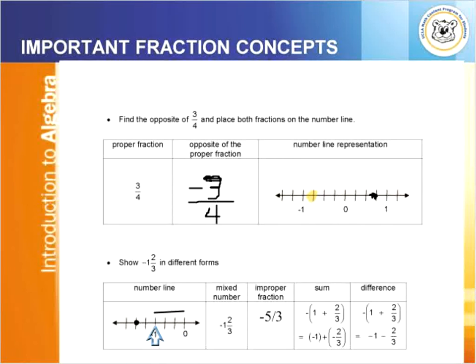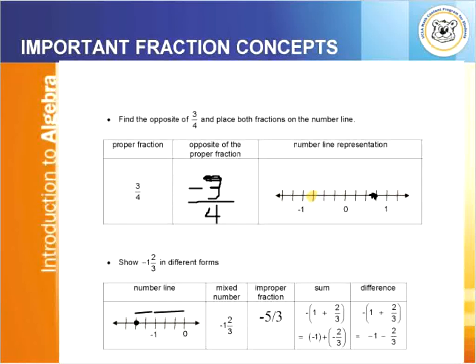Clearly, I think you can see that if we go from 0 to negative 1, that's negative 1, and then we have to continue negative 2/3 in order to get to negative 1 2/3. And so the number line actually is a nice way to convince students that negative 5/3 or negative 1 2/3 is really negative 1 minus 2/3 or negative 1 plus negative 2/3.